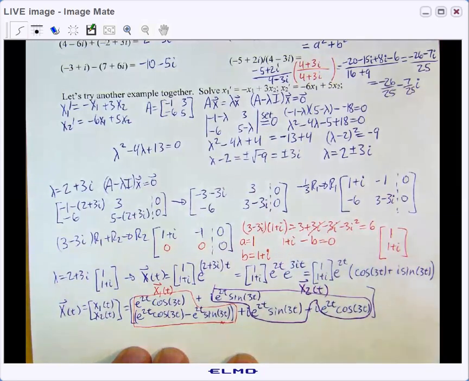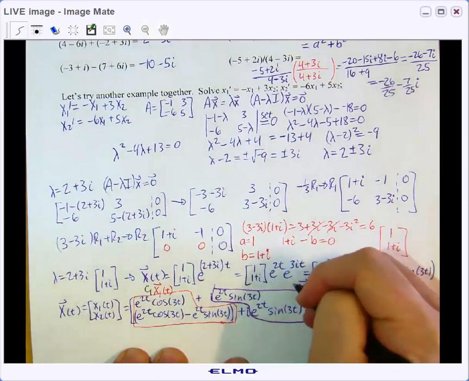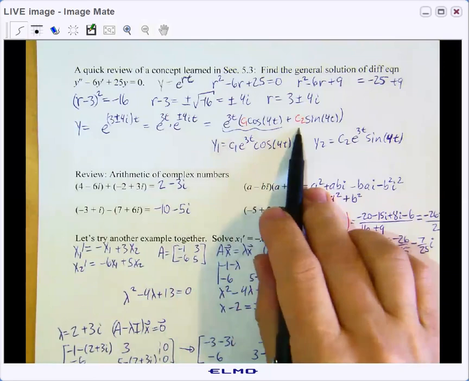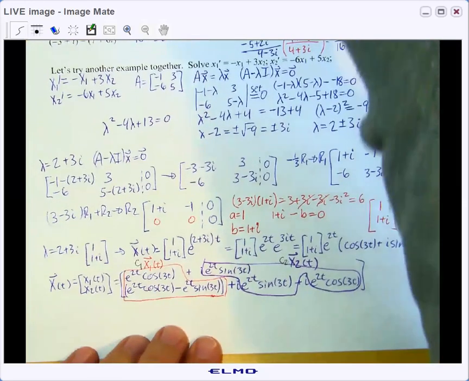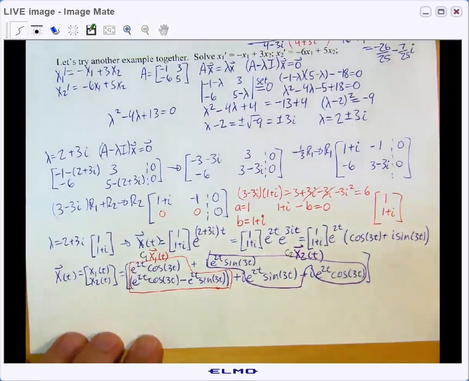And so we were going to throw on some constant multiples, right? Remember how we did that earlier up here? Okay. So we'll throw on the constant multiples. That can absorb the i here.